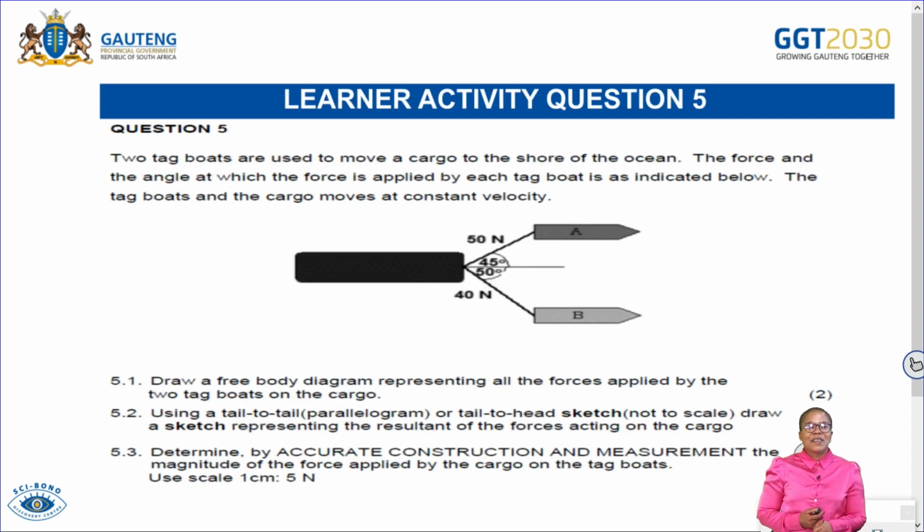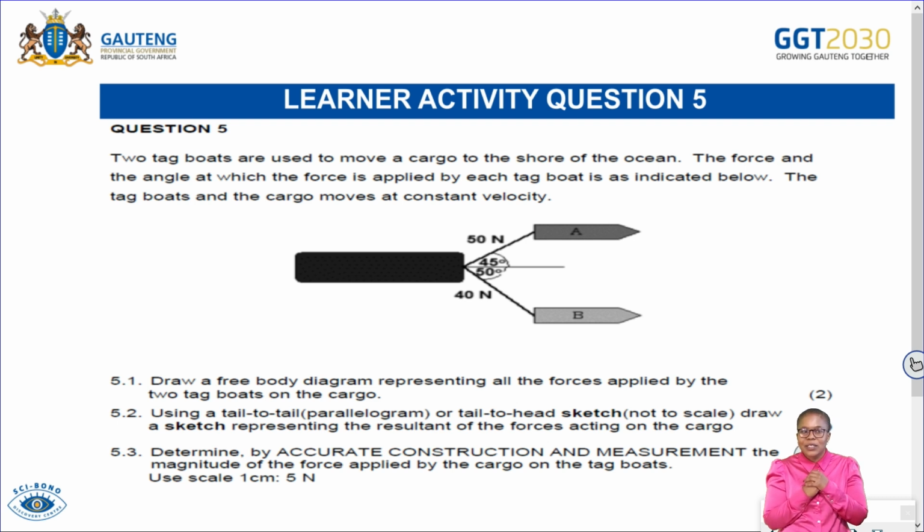Question number 5. Two tugboats are used to move a cargo to the shore of the ocean. The force and the angle in which the force is applied by each tugboat is indicated below. The tugboat and the cargo move at a constant velocity. I love the diagrams, they give you a clear picture. Then draw a free body diagram representing all the forces applied by the two tugboats on the cargo.